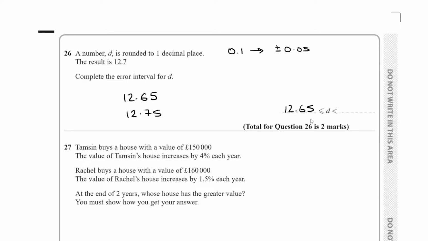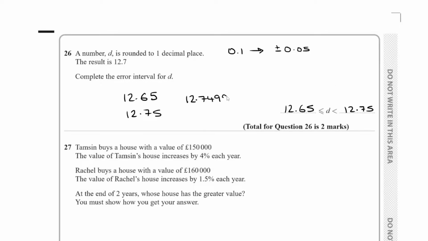Because they've said that it could be equal to 12.65 or more, but the upper one is not equal to, is it? It's just anything less than this.